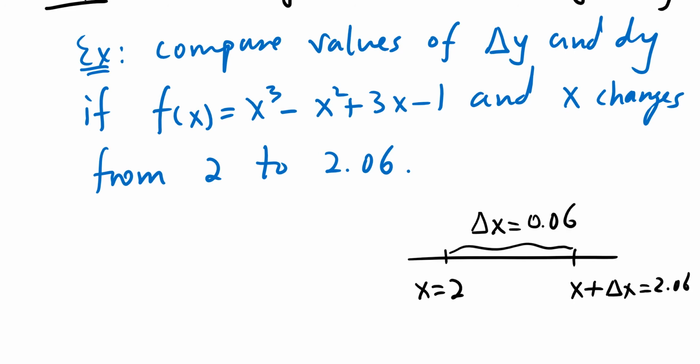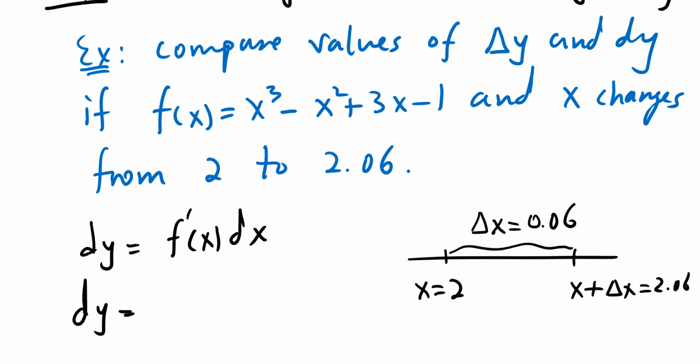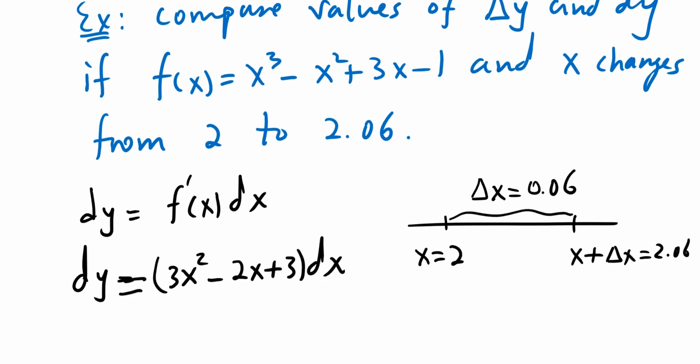Now to find delta y or to compare delta y and dy, we need to find each one of them. Remember, we defined dy to be f prime of x dx. So what's f prime? f prime is 3x squared minus 2x plus 3, times dx. That's what the dy is.